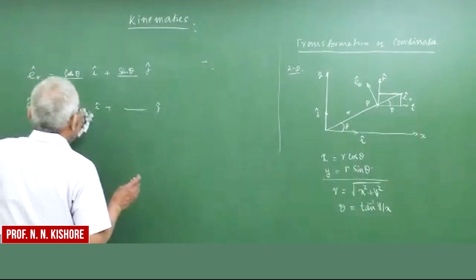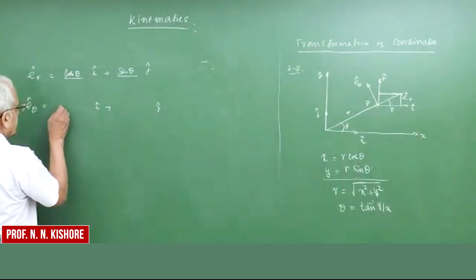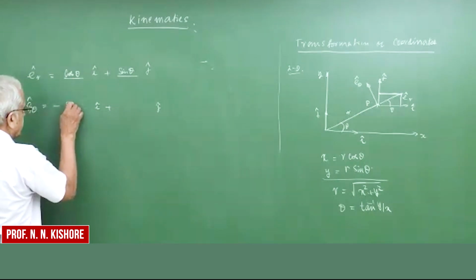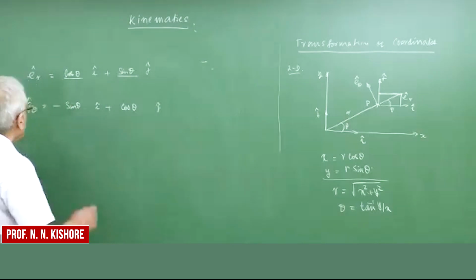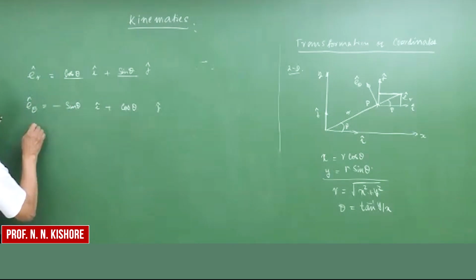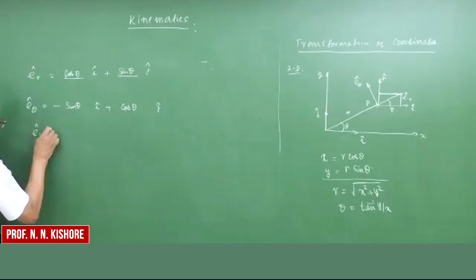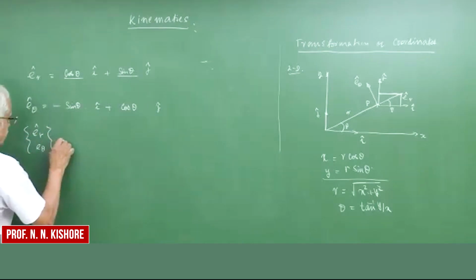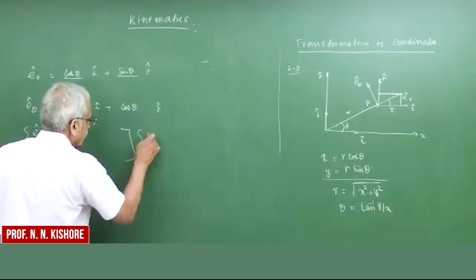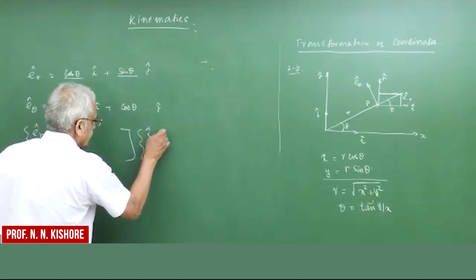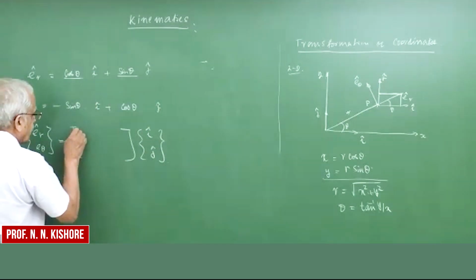So similarly here, we can do the other. So actually it is minus sin theta and here cos theta. So this is written in the matrix form.